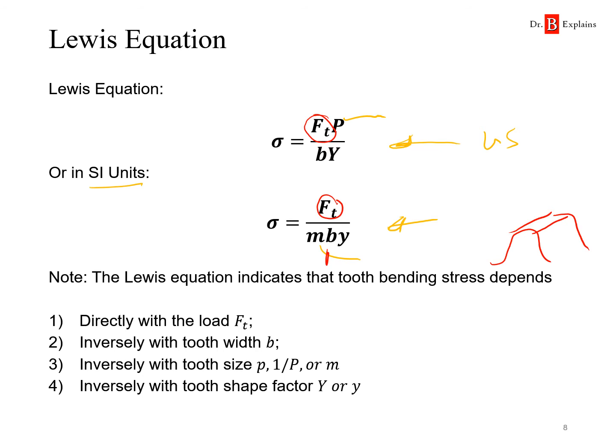It's also inversely proportional to the tooth size P, or 1 by diametral pitch or the module, as well as inversely proportional to the tooth shape factor, Y over here. So next slide, we'll talk about this tooth shape factor.